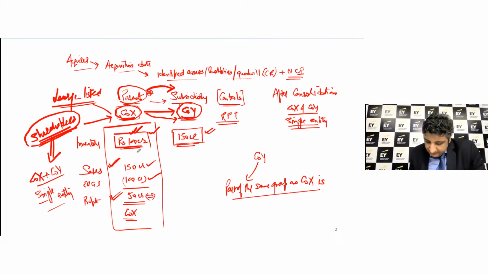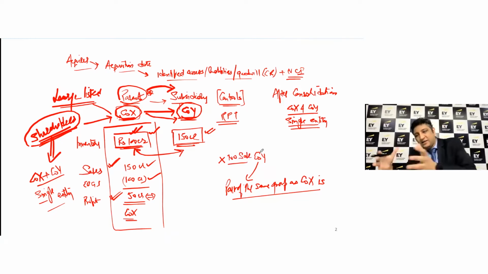Well, these are the two same companies, which means that one company cannot sell to itself, which means at a consolidated level, this sale of 150 crores cannot be shown, and that will be eliminated. Okay.